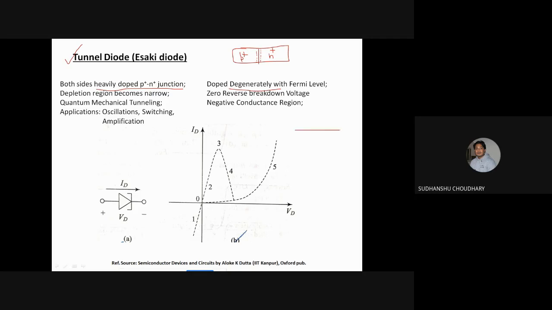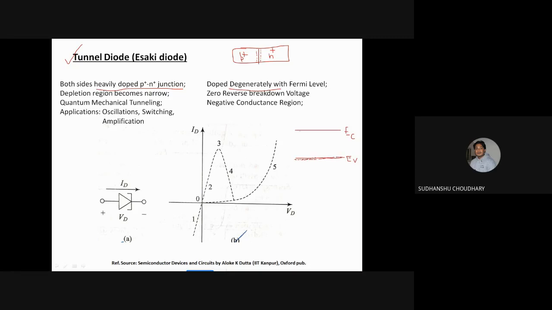So what are degenerate levels? For example, if it is a p-type semiconductor and it is a degenerate p-type semiconductor, then the Fermi level will overlap with the valence band edge.